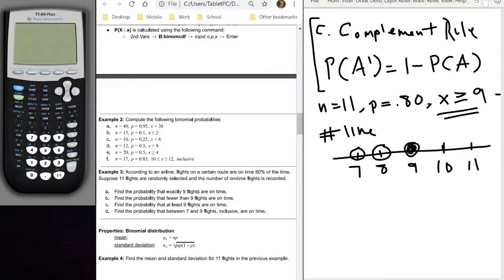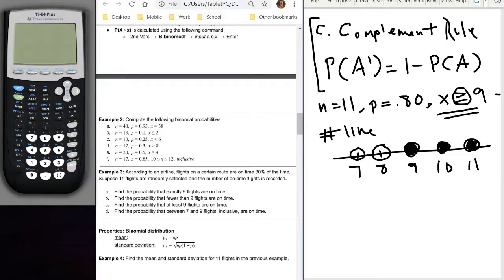We can include it. 10 is greater than 9. 10 is true. And then 11 is greater than 9. 11 is true. But remember, this is flipped around. It's in the opposite direction where we want it. Opposite is a key word here.